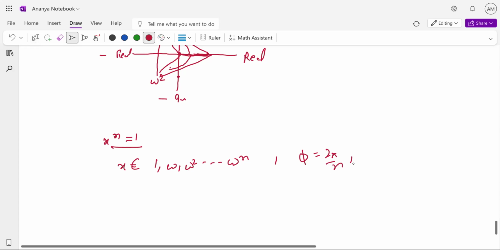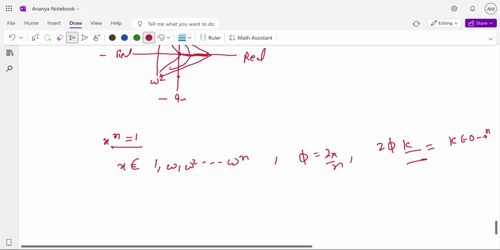And what should your angle be? It should be k times phi. Can I write it over here? The number of the root, like first root, second root, and so on. K should start from 0 till n minus 1. Okay. So why 2 pi, sir?